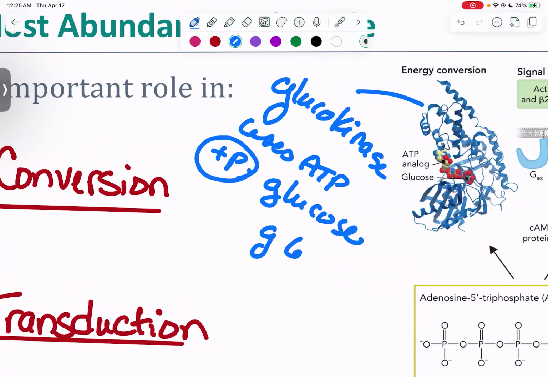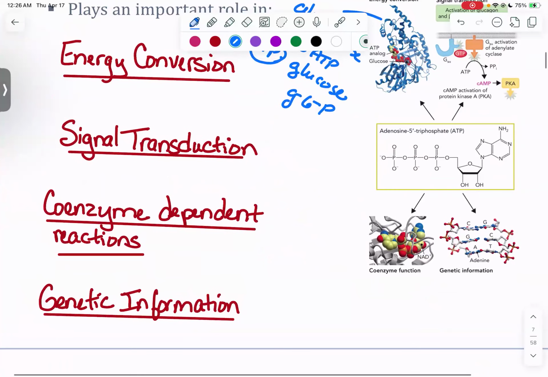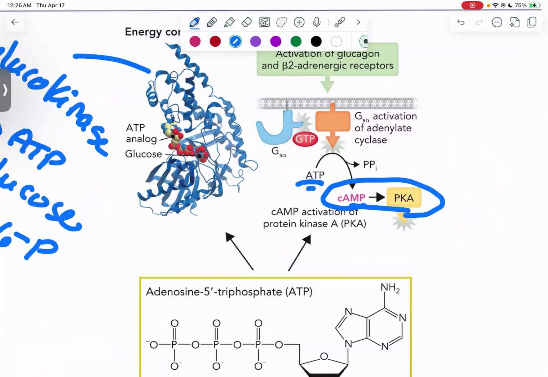So now we have glucose 6 phosphate and it's trapped, right? So we can use the energy in ATP to do things in the cell, to convert different molecules and store it and all that kind of stuff. Okay, signal transduction. Oh, here, this one we talked about. Cyclic AMP, right? So ATP can be converted into cyclic AMP.